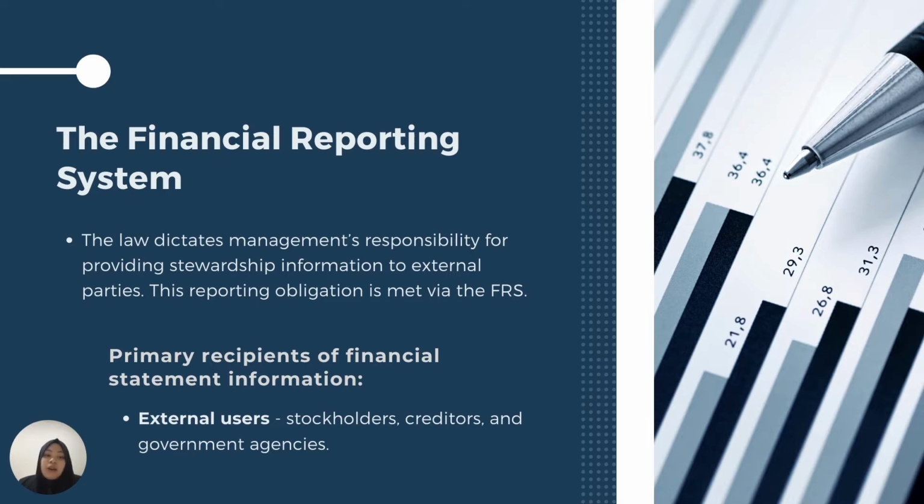Outside users of information are often interested in the overall performance of the organization. As a result, they demand information that allows them to track performance trends over time and make comparisons between organizations. Given the nature of these requirements, all businesses must prepare and present financial reporting information in a way that is widely accepted and understood by external users.